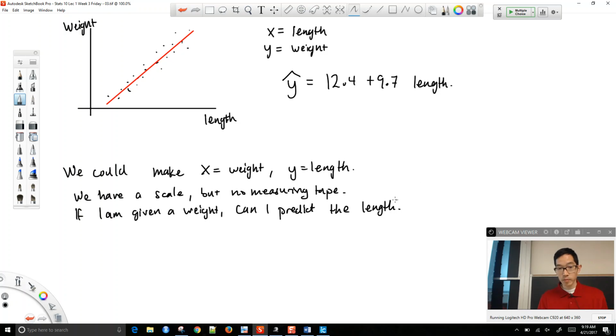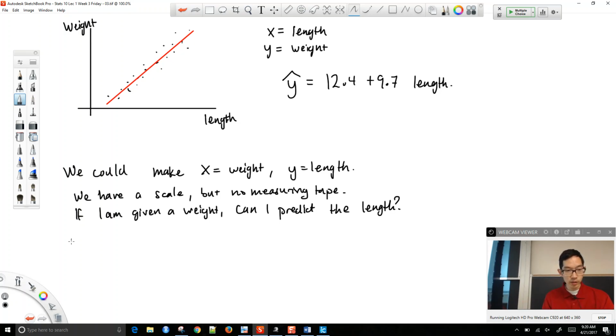Okay. The thing is that when you swap something like this, you cannot just use algebra and move things around. Okay, you cannot just say, okay, well now I want to solve for length in terms of y. You have to redo the calculations for the slope and the intercept.